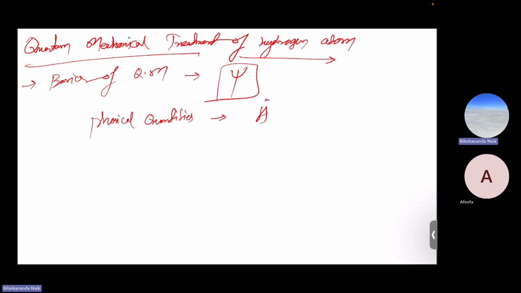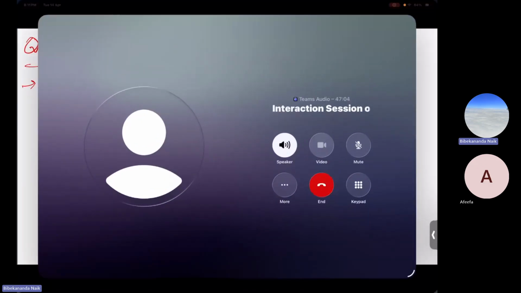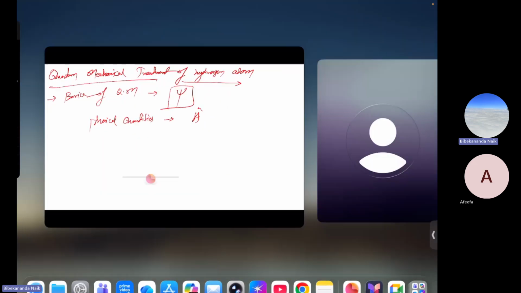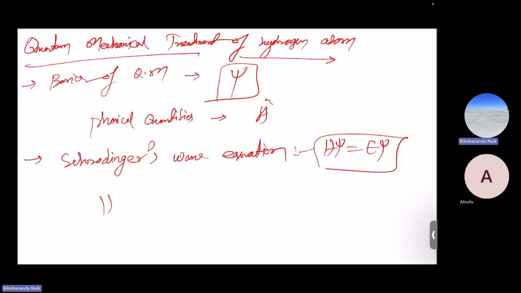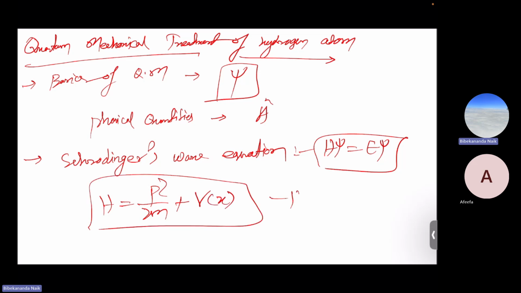Then again we solved Schrödinger's wave equation, which was H psi equals E psi, where H was p square by 2m plus V(x), the Hamiltonian operator. And we solved the Schrödinger wave equation.